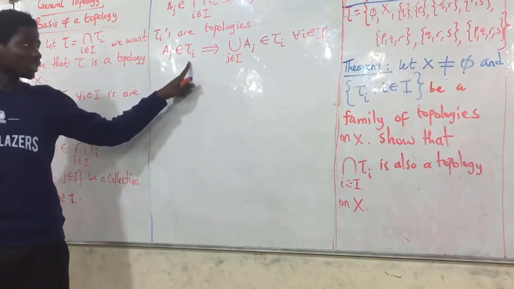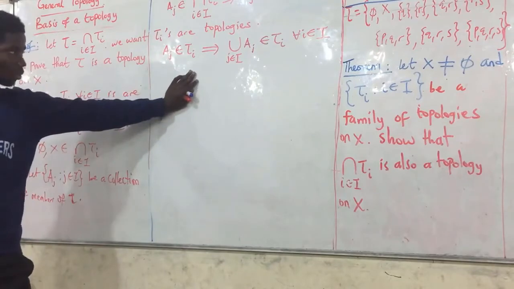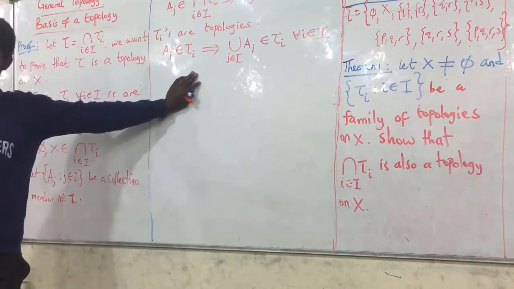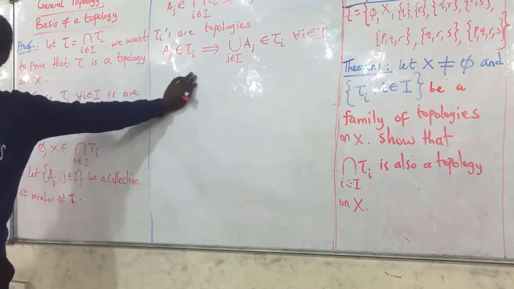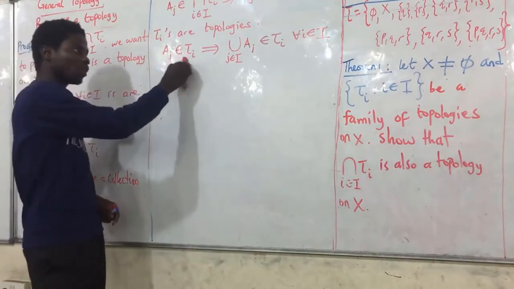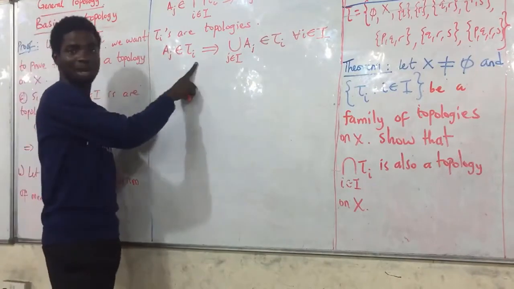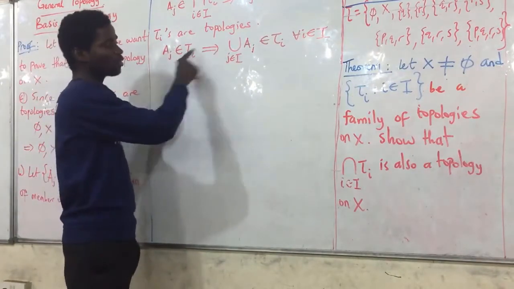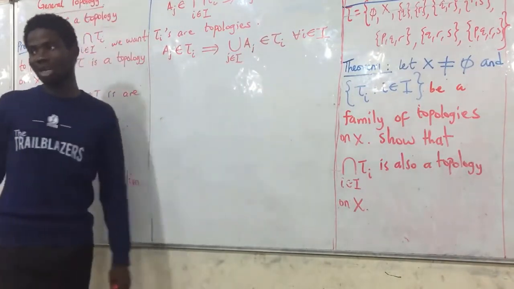Because they are topologies, what are the properties of a topology? Number one, the empty set and the whole set are there. Number two, the arbitrary union of members of the topology is there. So because T_i is a topology and A_j is a member of it, the arbitrary union of the members will also be in T_i.